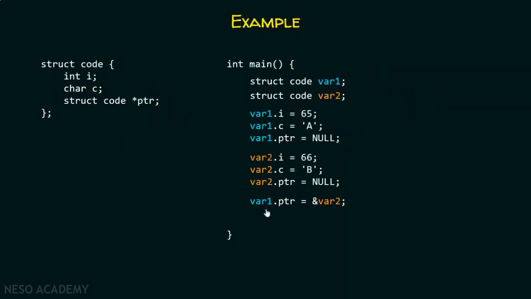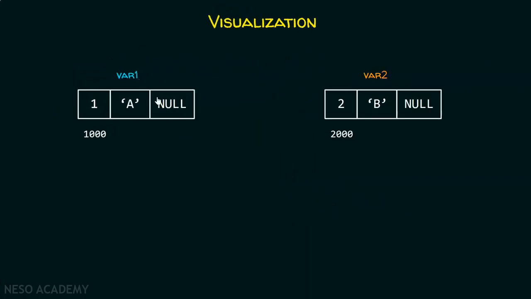Now, here in this code, I have added one more line. I want you to focus on this line. This is var1.ptr equal to ampersand var2. Previously, var1.ptr had been initialized with NULL. Now with this step, I am giving the address of var2 to var1.ptr. So what does it really mean? var1.ptr will now contain the address of var2.